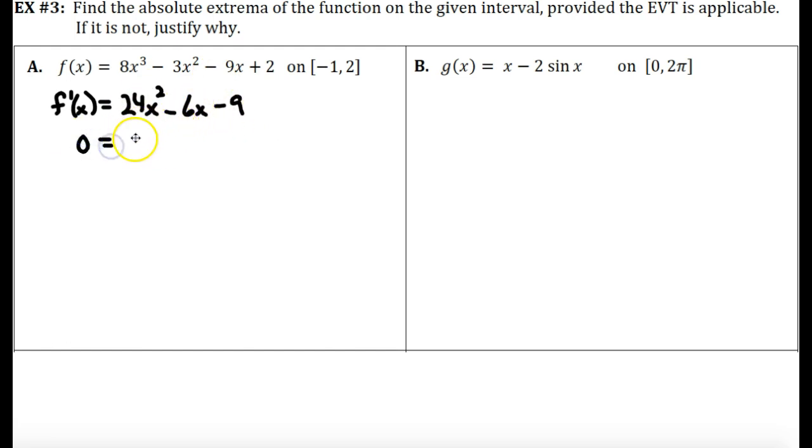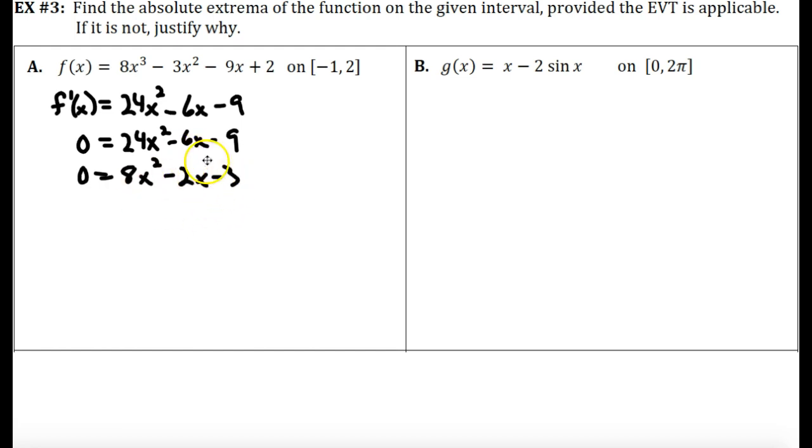So 0 equals 24x squared minus 6x minus 9. Everything here is divisible by 3, so I could divide both sides by 3 to start. So 0 equals 8x squared minus 2x minus 3.